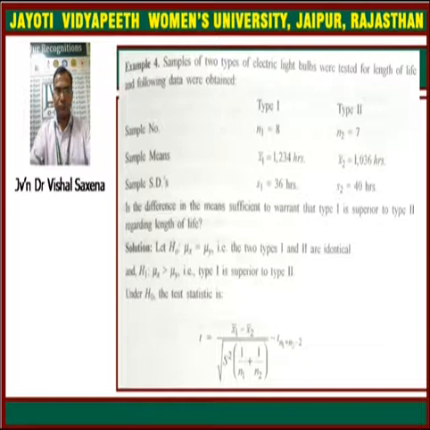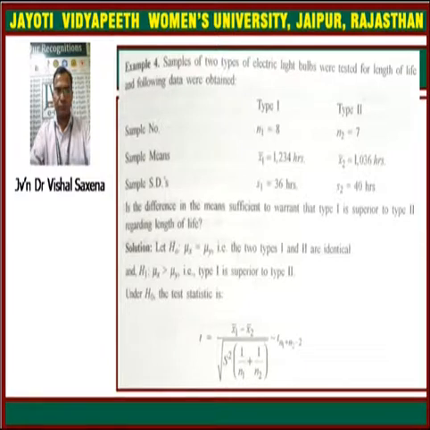So there are just two types of electric light bulbs, type 1 and type 2, and their means are given, and their standard deviations are given as S1 and S2. S1 is equal to 36 and S2 is equal to 40. The question is: is the difference in the means sufficient to warrant that type 1 is superior to type 2 regarding length of life?